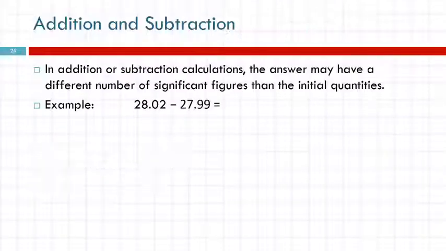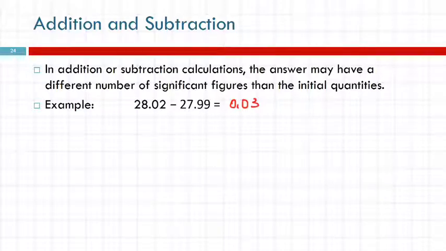Let's do this example, 28.02 minus 27.99. And a calculator gives me 0.03. So it's subtracting.